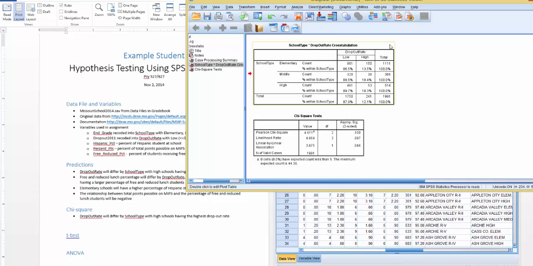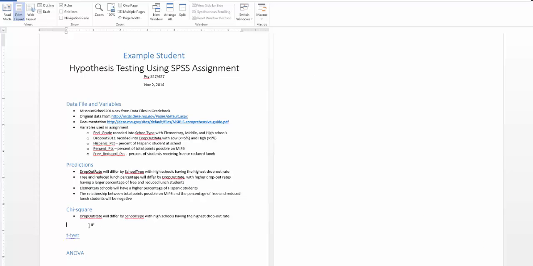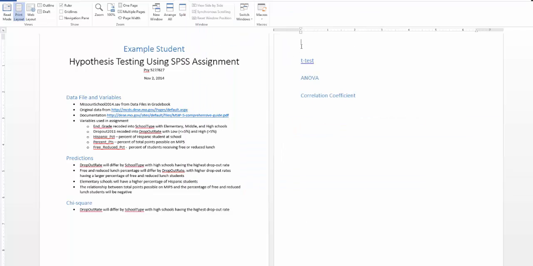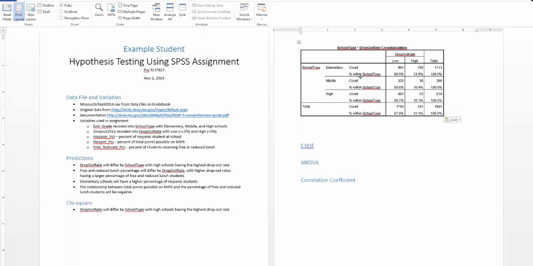So we're just going to copy, go to our SPSS output. We'll take our crosstabs first, copy it, back to our Word document, and we're going to paste it.